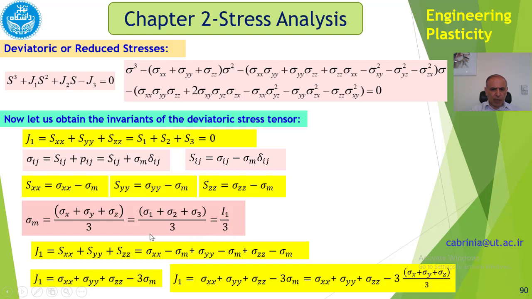But sigma m was sigma xx plus yy plus zz divided by 3. So we get 3 of these, and 3 times a third gets 1. Of course, these are sigma xx, yy, zz, but I have written it in different forms. This is correct also. So all of these cancel out.